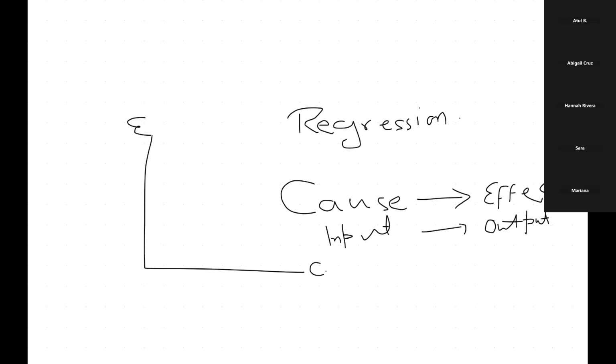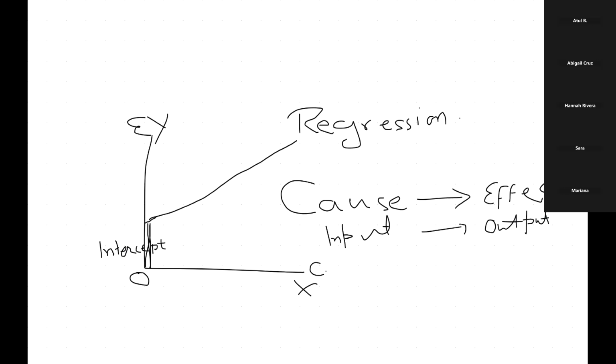And if you plot the data, the graph between input and output, let's say this is the graph that we got. So this is y and this is x. This is 0. This part, right from here, is called the intercept.